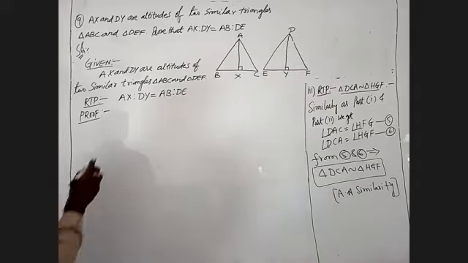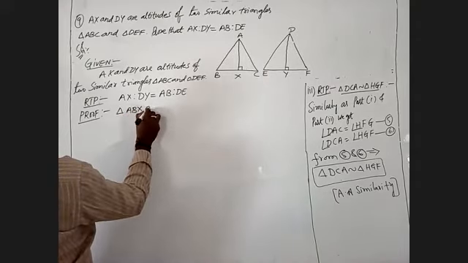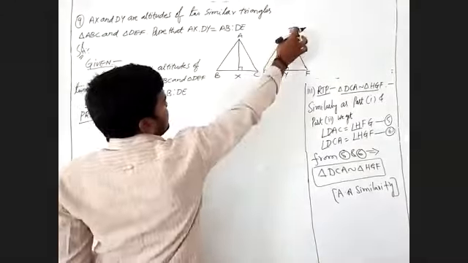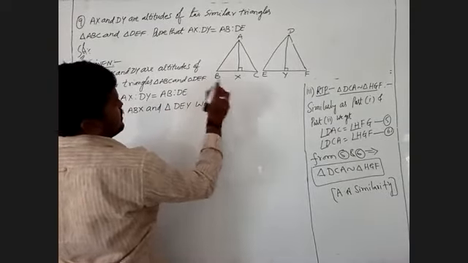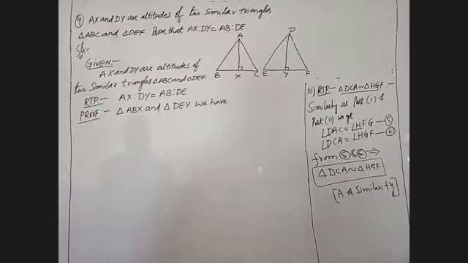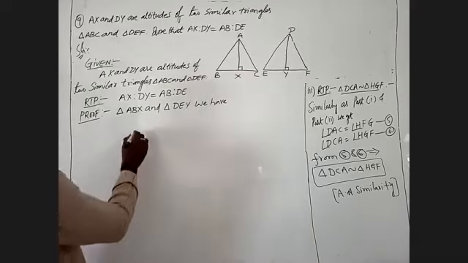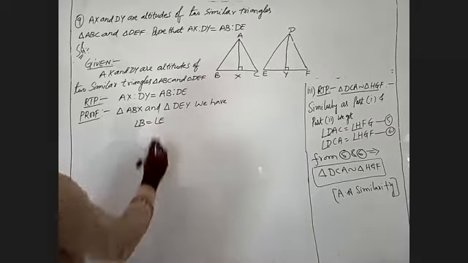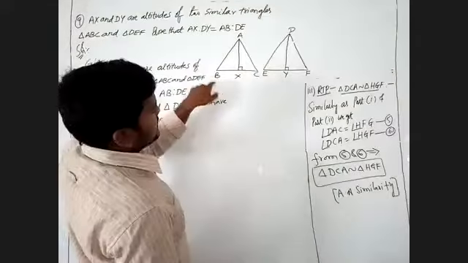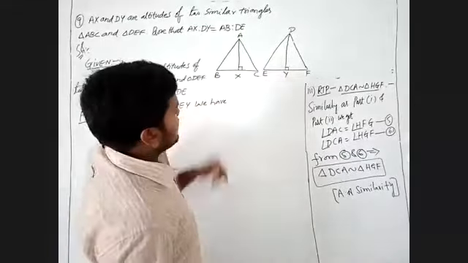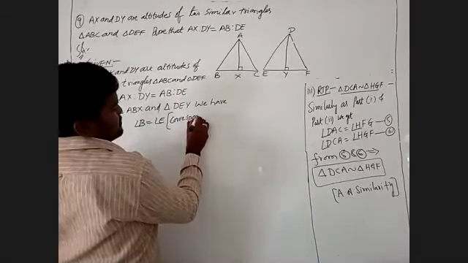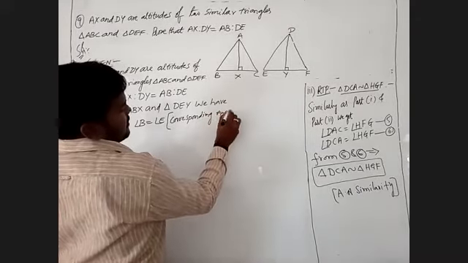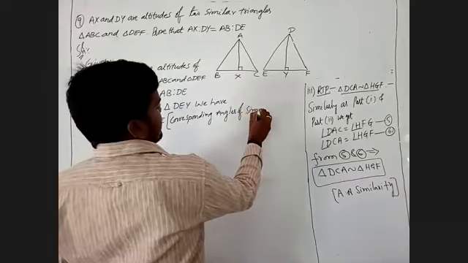Triangle ABX and triangle DEY. We have angle B is equal to angle E, because these are corresponding angles of similar triangles.